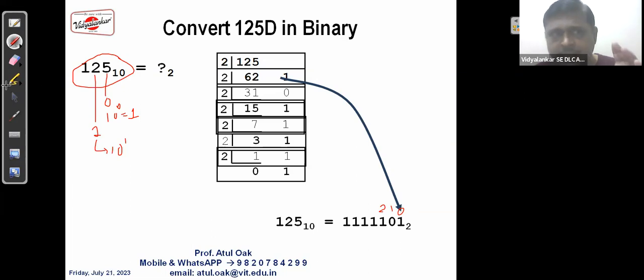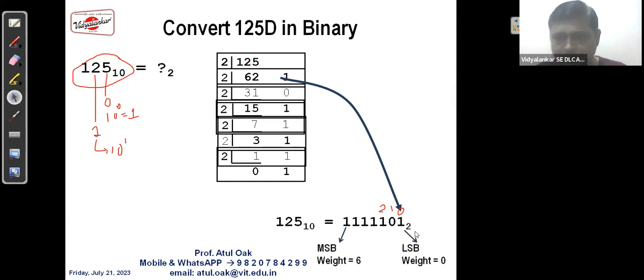The position whose value is minimum is called LSB. Observe it. You can see this particular bit has position 0.